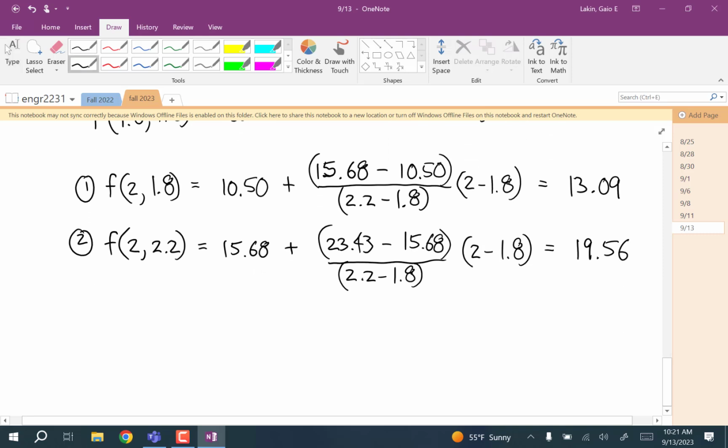And then last, we'll use these two values that we just calculated to approximate, and I'm going to change these to approximately equal.